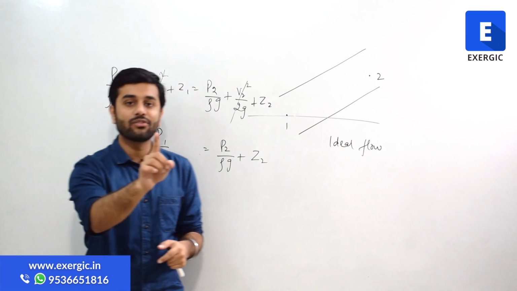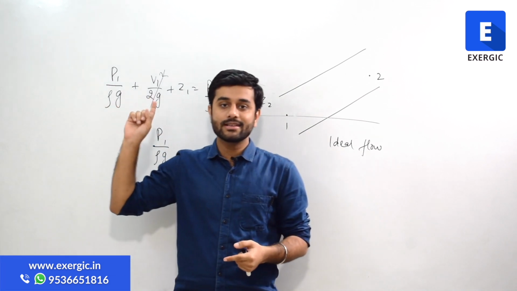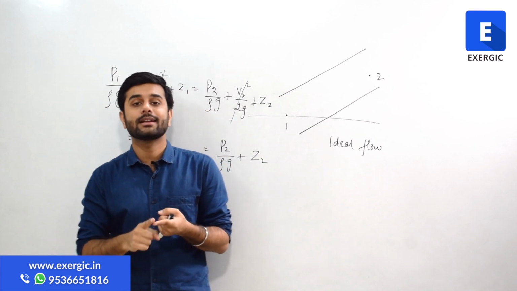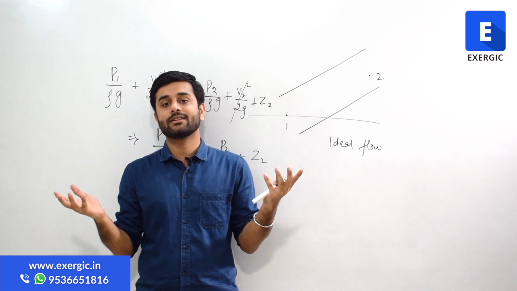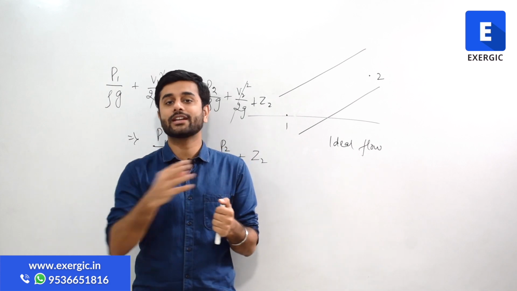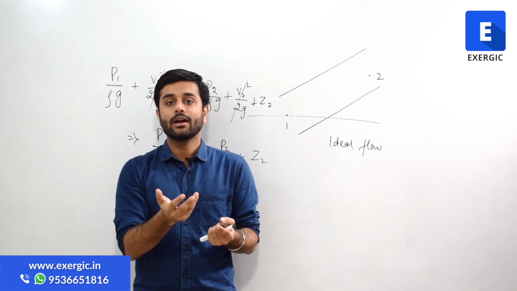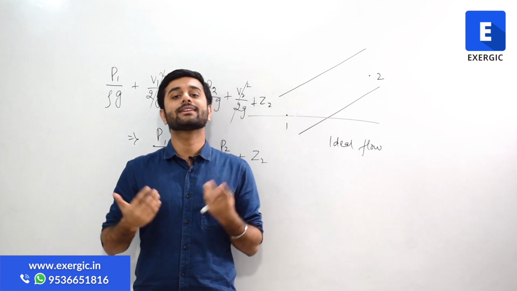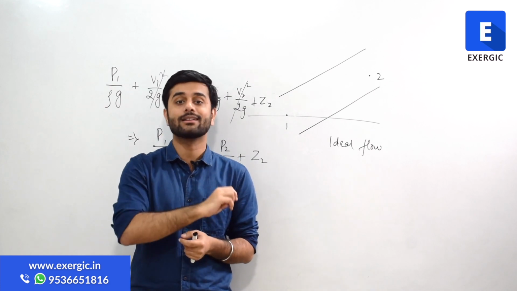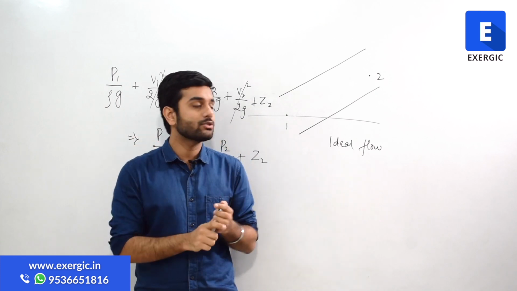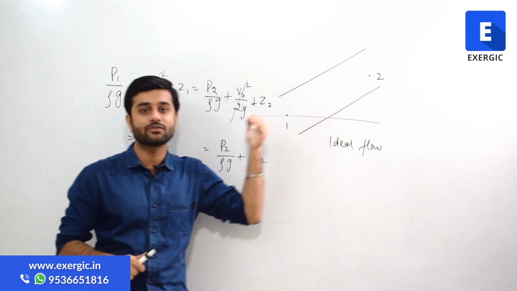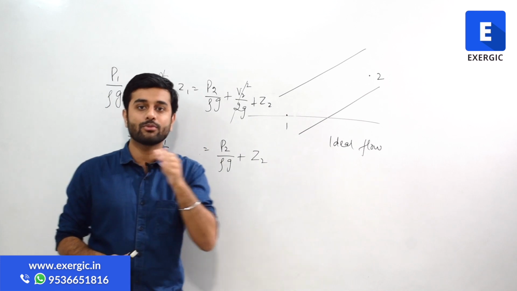For an ideal flow, using Bernoulli's equation, you cannot determine the direction of the flow because net energy is not reducing, it's conserved. It can move from 1 to 2 also, and it can move from 2 to 1 also. Both are very much possible. Rather, the ideal fluid flow is reversible. Whatever effects you have from 1 to 2, the same effects will be there from 2 to 1 in the opposite direction.